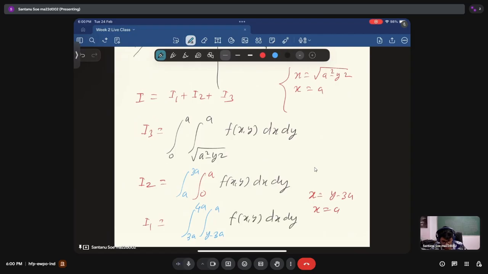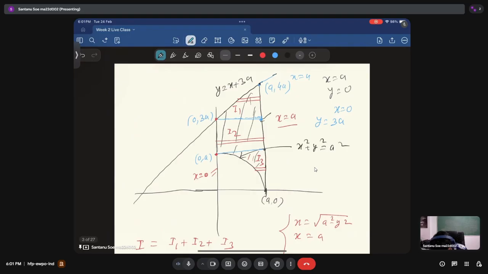So let me explain again how this integration I equals I1 plus I2 plus I3 is coming. First we have separated the region into three regions, I1, I2, and I3. This is because the strip is not going to be the same in all these regions. That's why we have to make three separate regions.